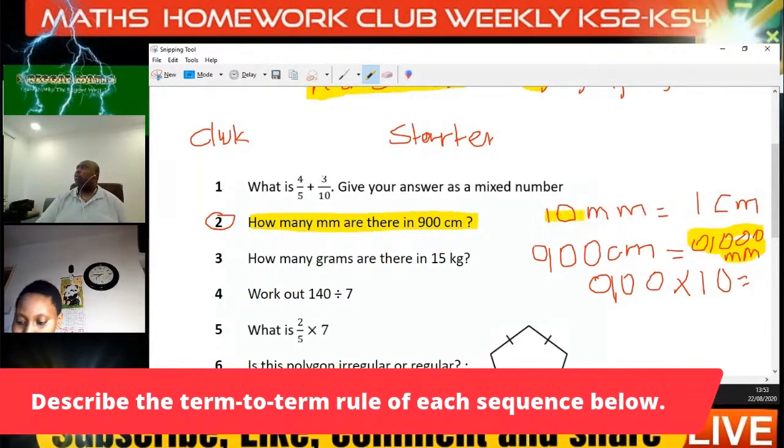Copy this down in the book for me, please. 10 millimeters equals 1 centimeter. So 900 centimeters is equal to 9,000 millimeters. Done. Brilliant.